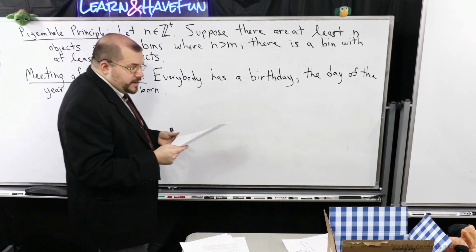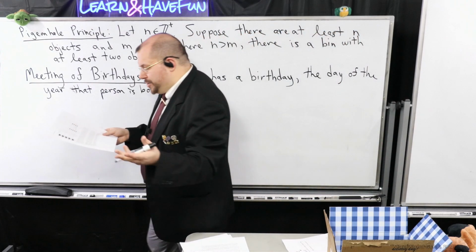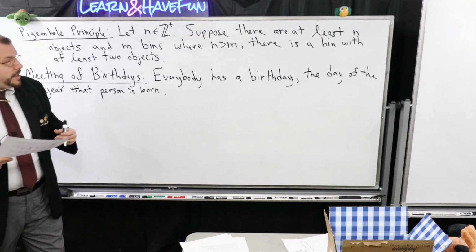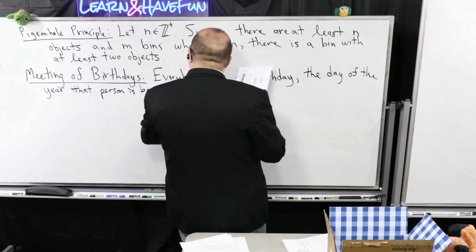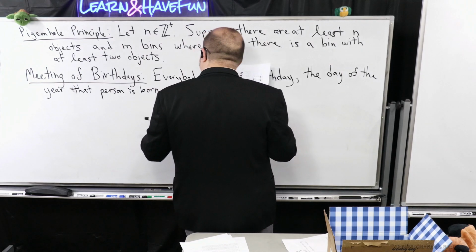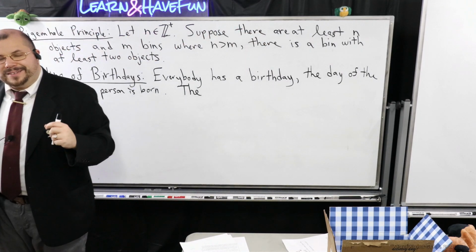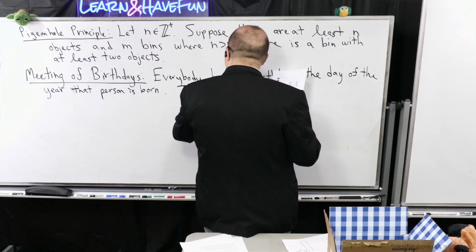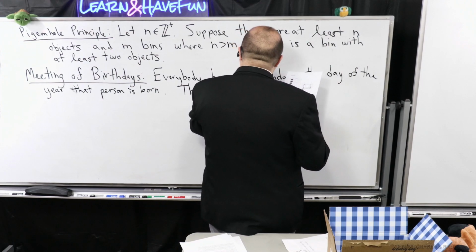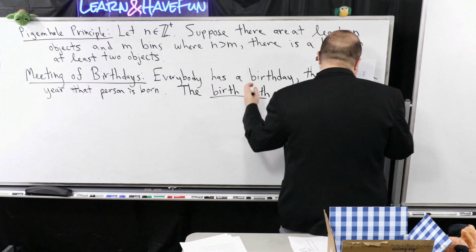So days in a year are organized by month, right? In the Gregorian calendar, there are 12 months. We're going to refer to the birth month as the month within which a person is born.